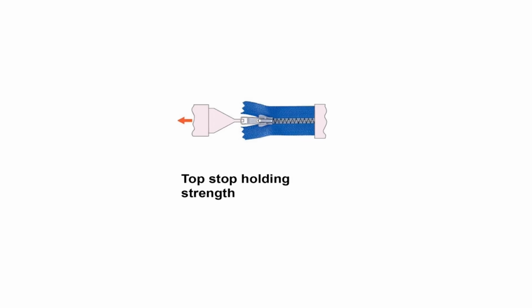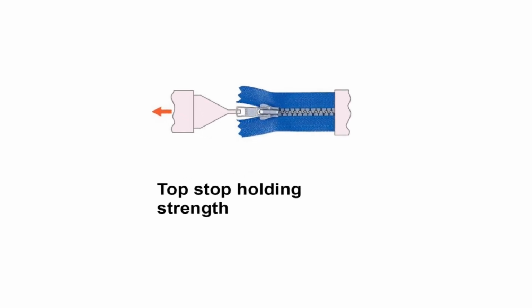to understand the real strength of the top stop holding in the zipper assembly. So the inspector's job is to see the specification of the zipper of a particular variety, and in this particular variety what should be the ideal top stop holding strength and what is the actual strength available in the particular inspection.